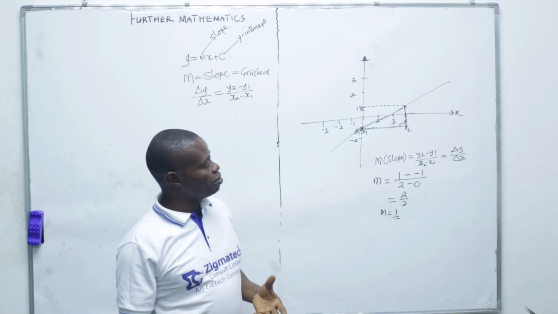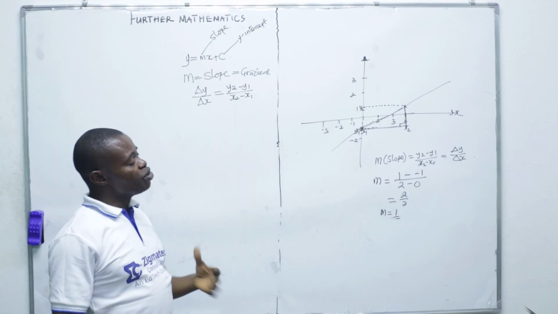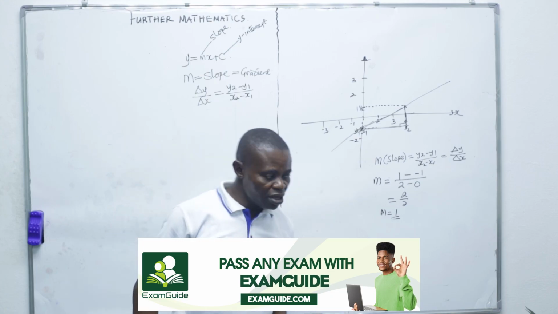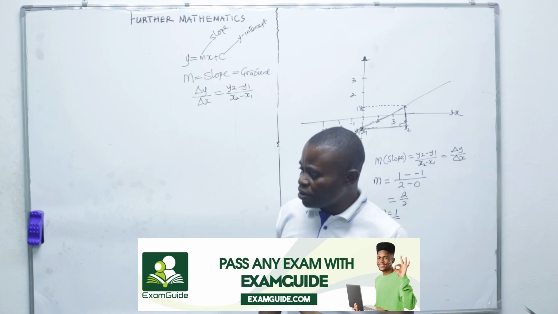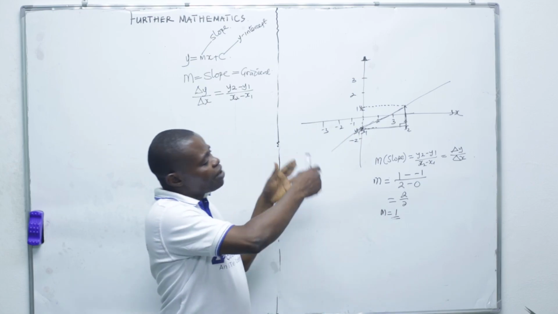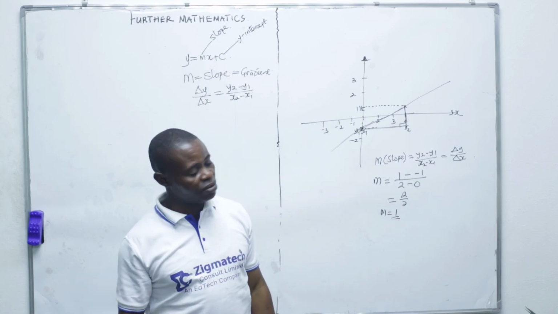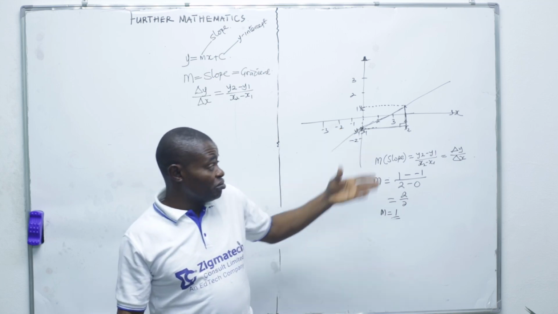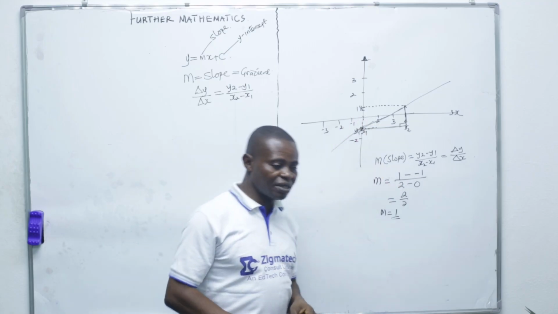JAMB does that. For you to form the equation of your straight line, you must create what we call a midpoint of line segment. Because some of us are fond of doing this. Whenever two coordinates are given, after getting their slope, you see them calling the first value they are seeing as y1 and x1. You are wrong. You are doing the wrong thing. But from your graph, it is possible, and you can equally create it.